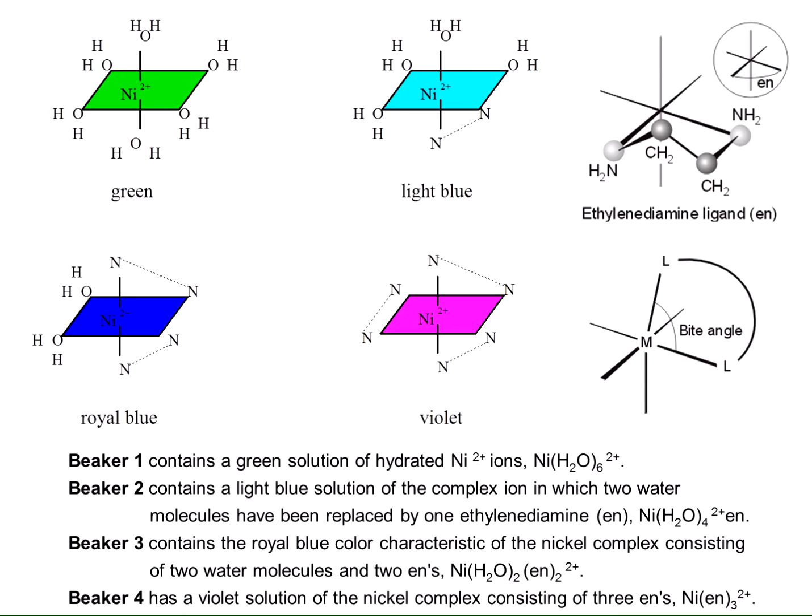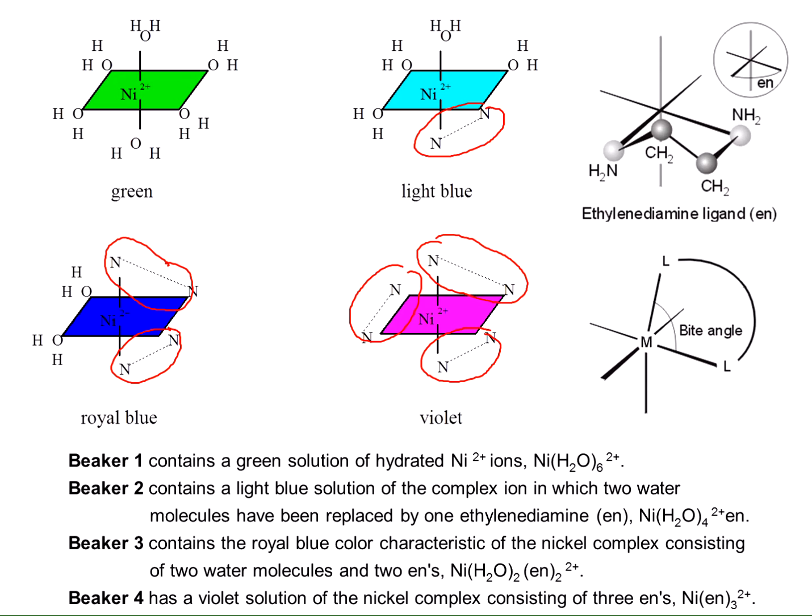These changes in color are due to the ethylene diamine binding to the nickel. As one ethylene diamine binds, the nickel complex turns light blue, and then as we add 2, it'll turn royal blue, and then as we saturate the compound and have 3 ethylene diamines bind, it'll turn violet.